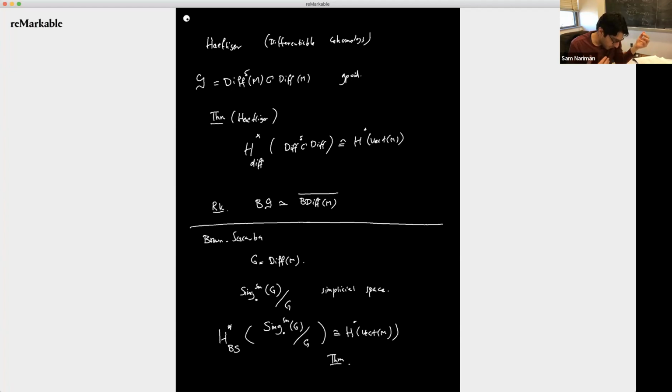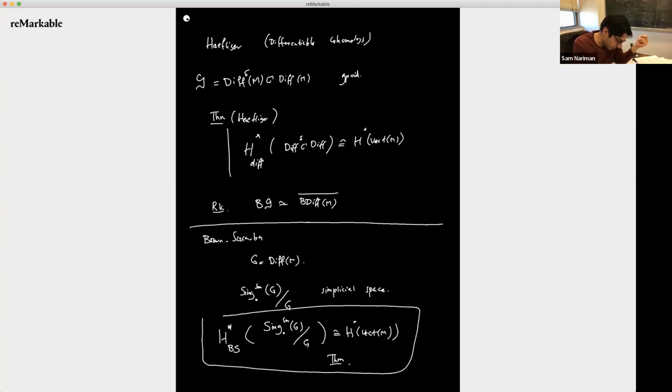Anyway, depending on which theory you use, you actually have this isomorphism in both theories, which is essential in the argument.